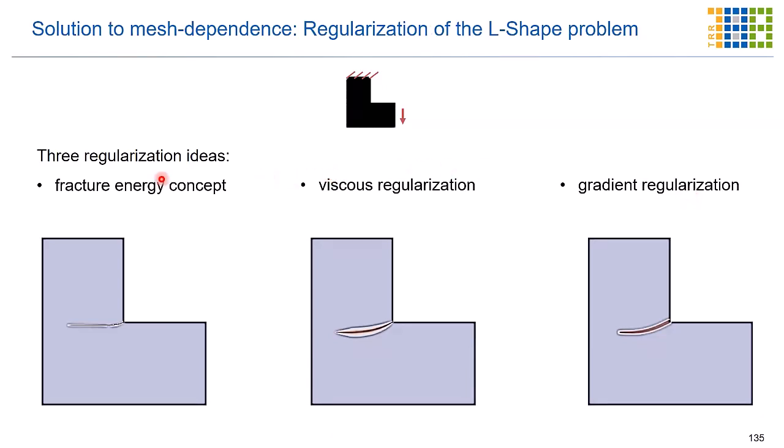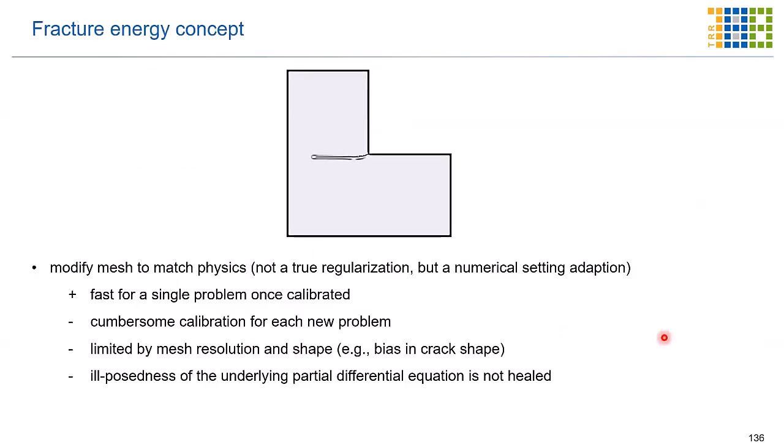And the 3 ideas are the so-called fracture energy concept, the viscous regularization, and the gradient regularization. As an example, we use an L shape that's fixed at the bottom, and we pull on the side. And we see here the damage zone that's evolving for the 3 different methods. The first one is the fracture energy concept.